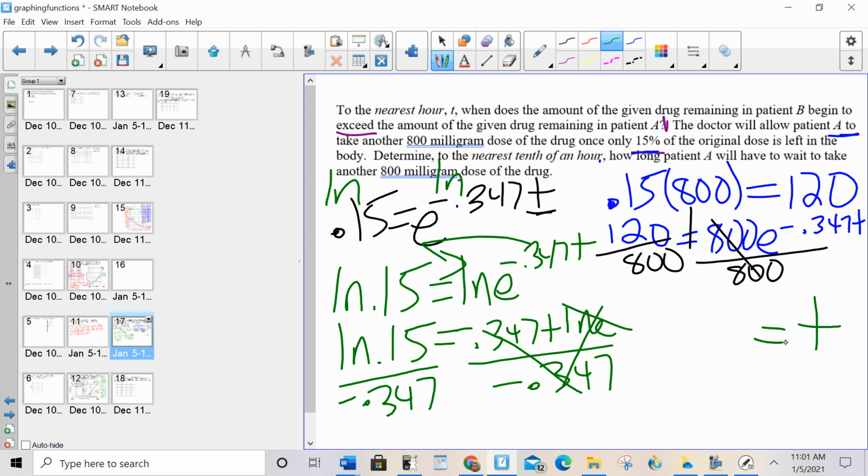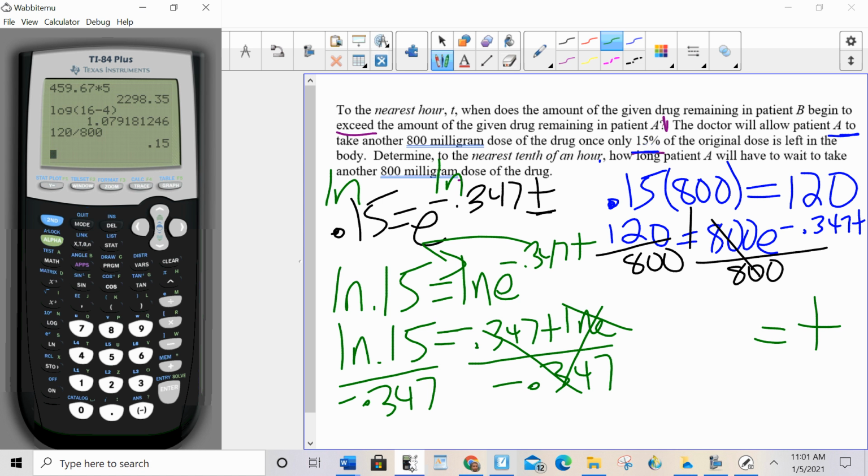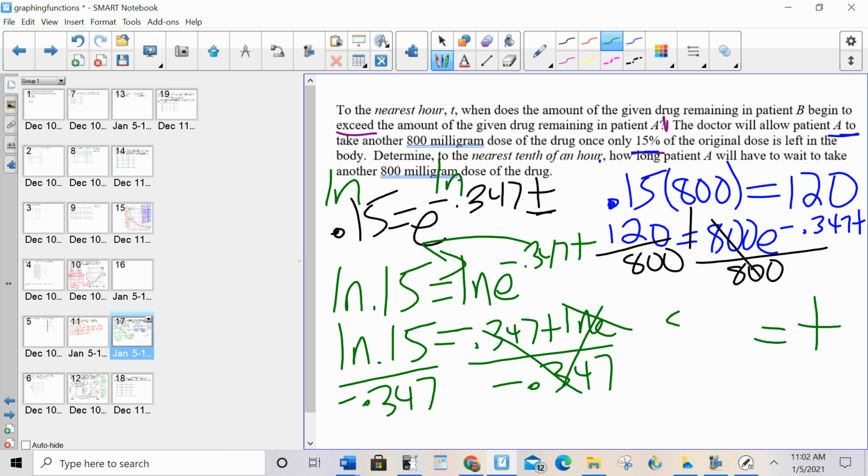I get t equals ln 0.15 over negative 0.347. And I get the same answer I got when I did it graphically, 5.5. I think it's easier to just do it y1, y2 intersect, but it's always good to practice this algebraically.